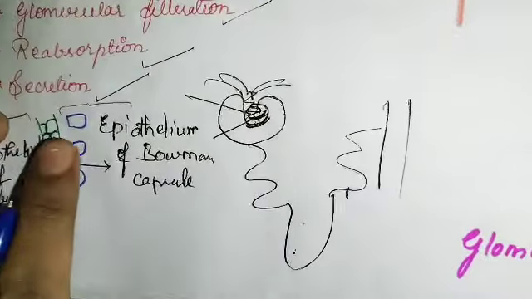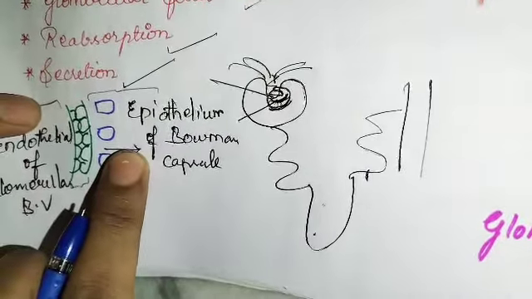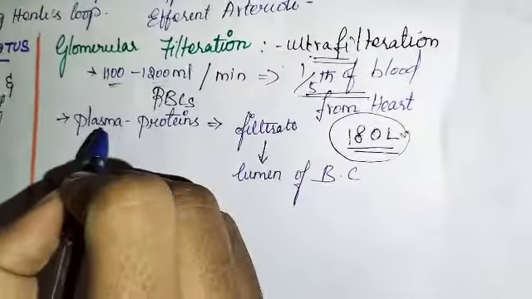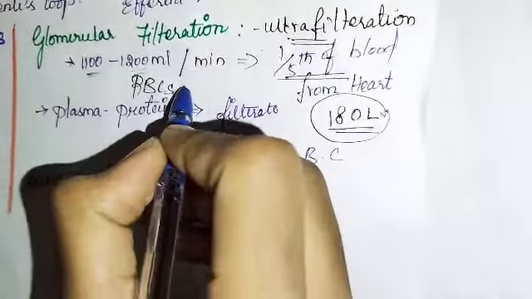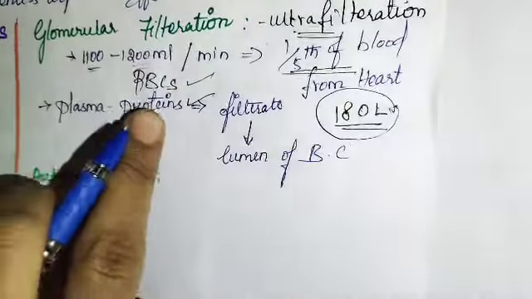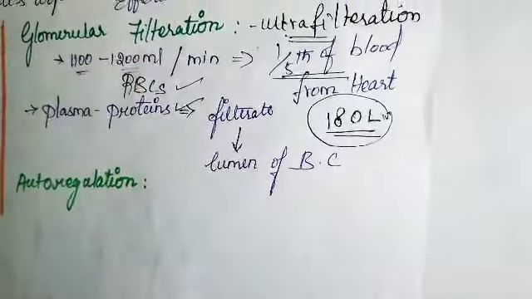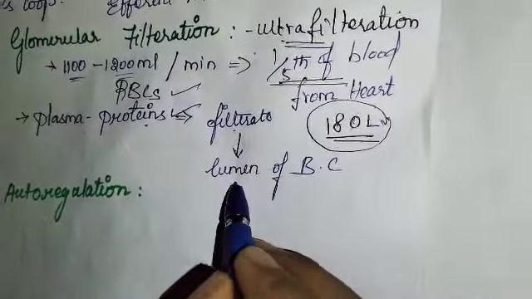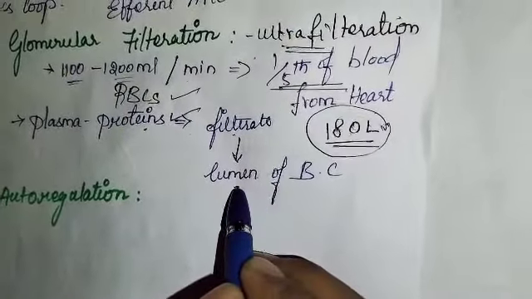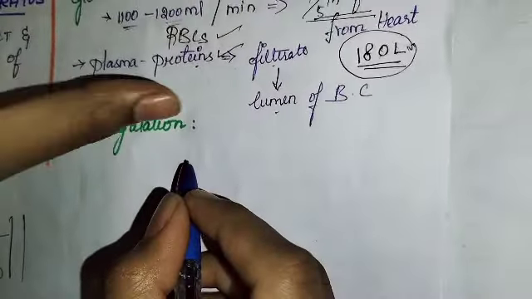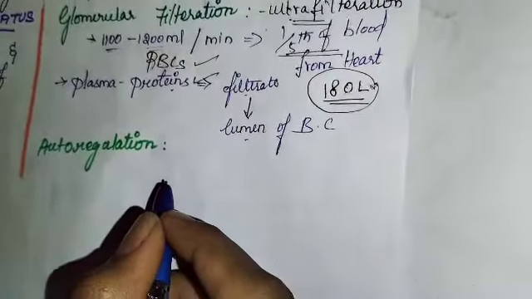So we have only the other contents, and the filtrate of our glomerular filtration won't have RBCs and proteins. Okay, and then after this the filtrate enters the lumen of Bowman's capsule. Now we will go into the autoregulation, how this filtration is maintained.